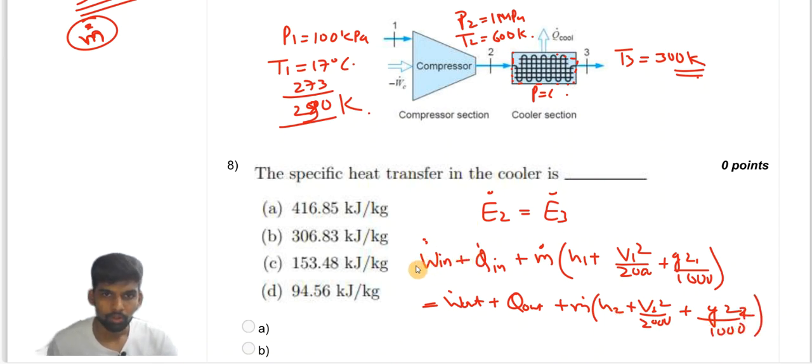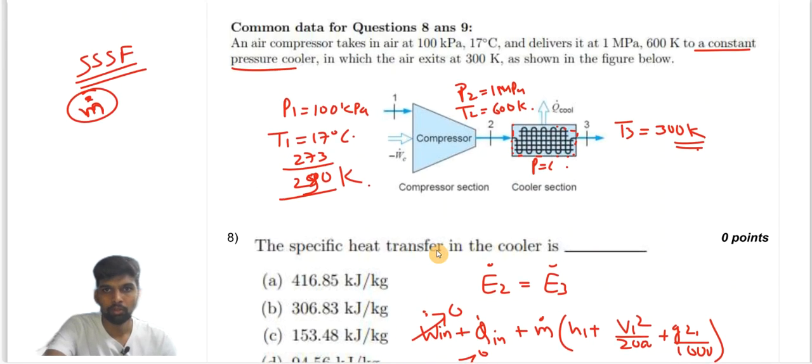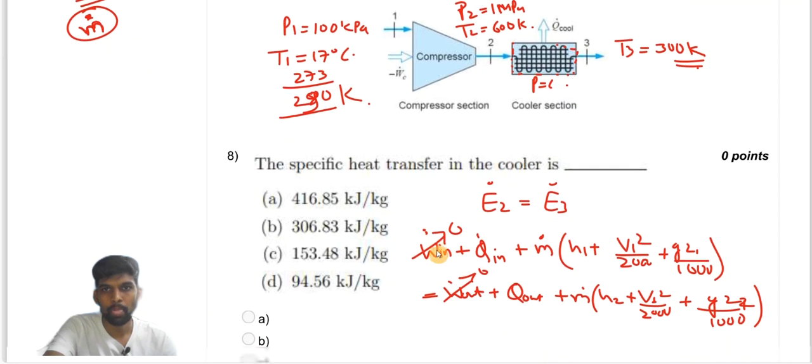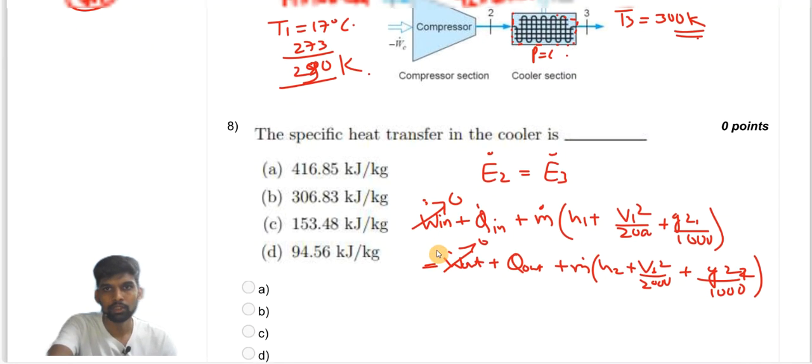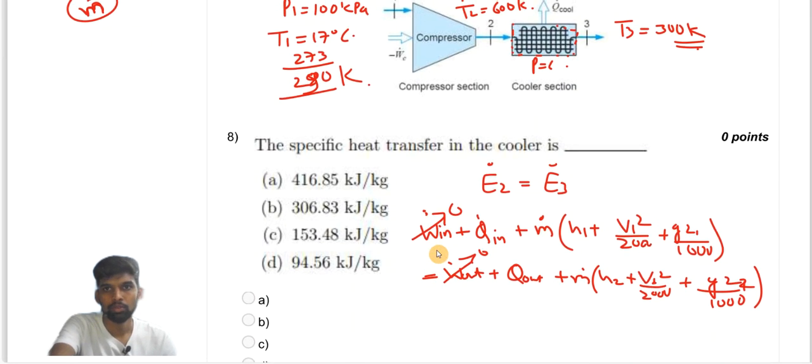Okay, so no work is done in this constant pressure cooler. Just heat is transferred, so as to reduce temperature from state 2 to state 3. Q out is taking place, Q in is 0. Also the changes in velocity and potential energy will be negligible.